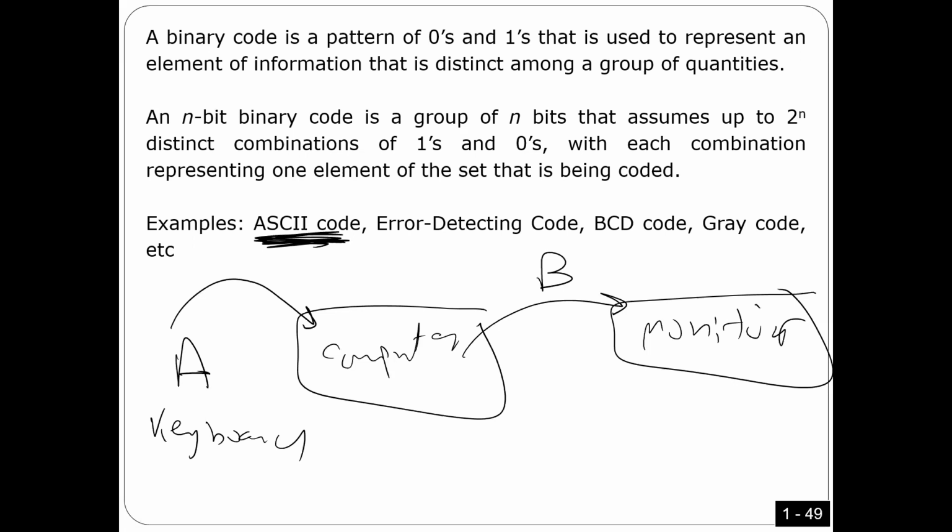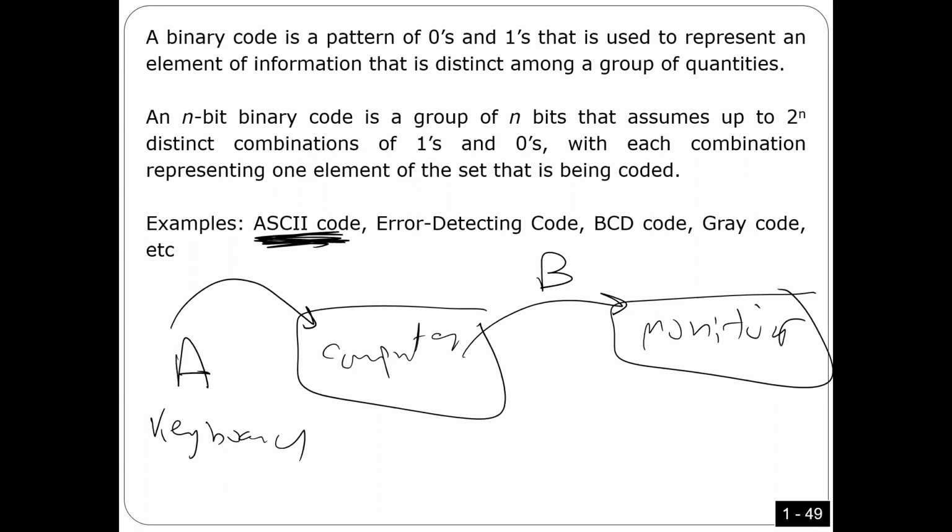So what happened is very simple. We need to convert every character and every letter we are using on the keyboard to a binary number, so that every time you press A, I'm going to send the binary number to the computer. And this number we call the ASCII code.